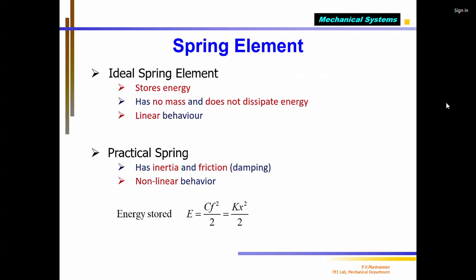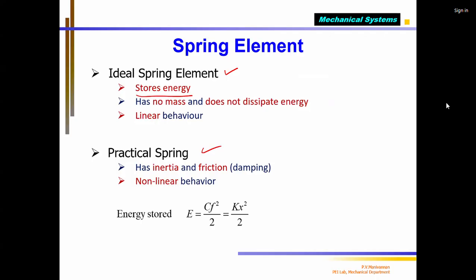Now, when I talk about the spring element, it is called an ideal spring element, and practical. An ideal spring element can store potential energy when you apply a force. Correct? The spring is getting compressed. Then, if you keep the force, the energy is stored inside the compressed coil. If I remove the force, the spring comes back to its original shape. At that time it releases energy. Correct?